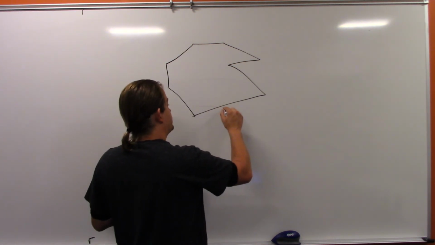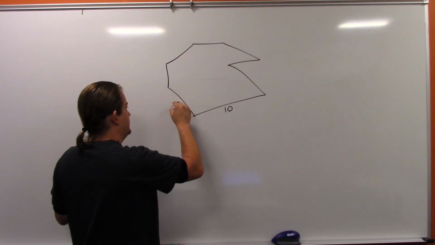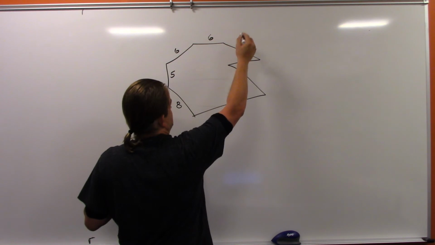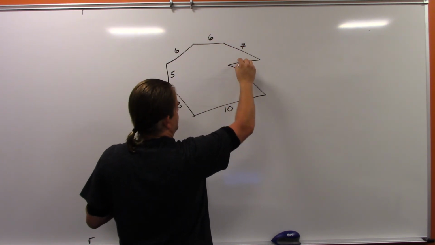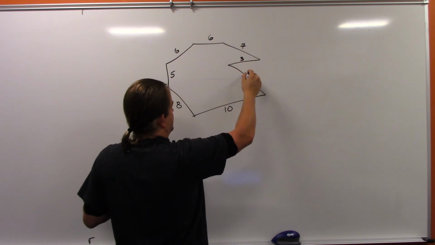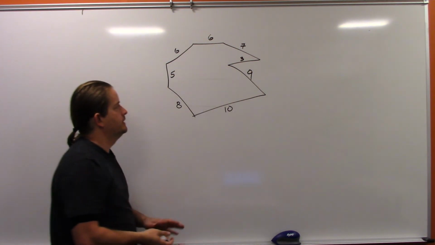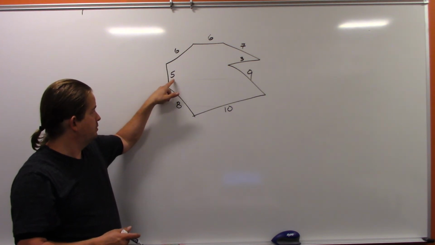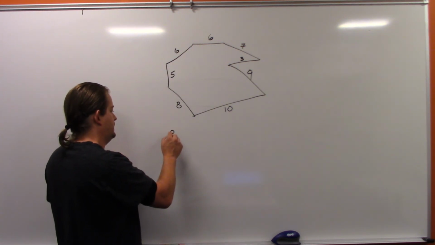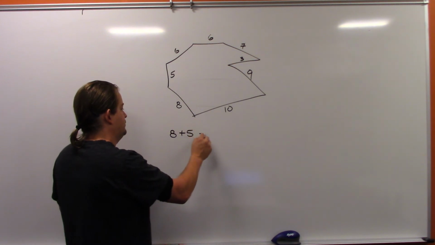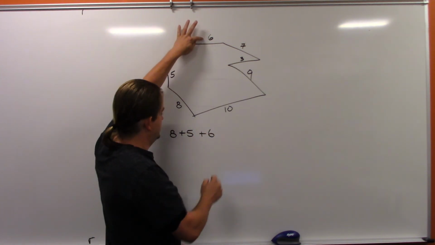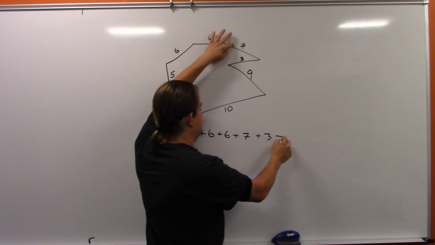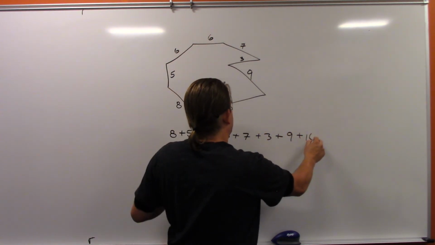So I need some values, so let's just call this 10, 8, 5, 6, 6, 7, 3, I don't know, 9. It doesn't matter. The perimeter of this is just all of these things added together. So let's write it, 8 plus 5 plus 6 plus another 6 plus 7 plus 3 plus 9 plus 10. I think that's all of them.